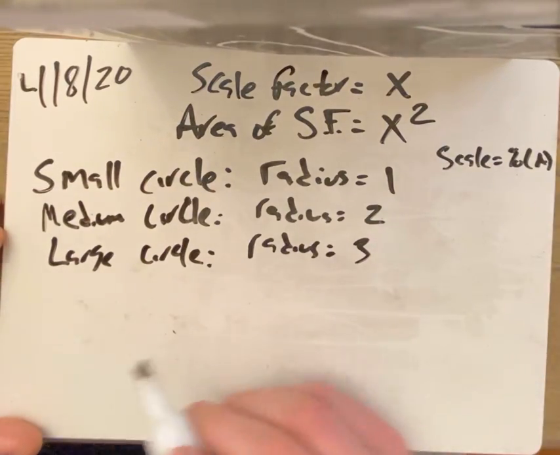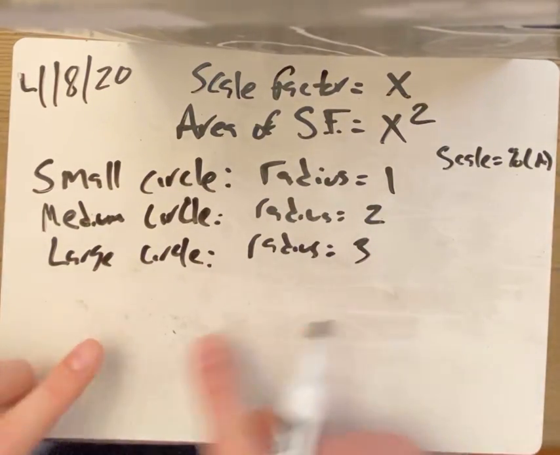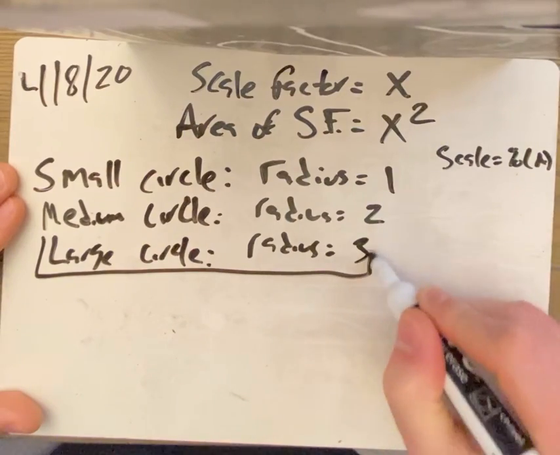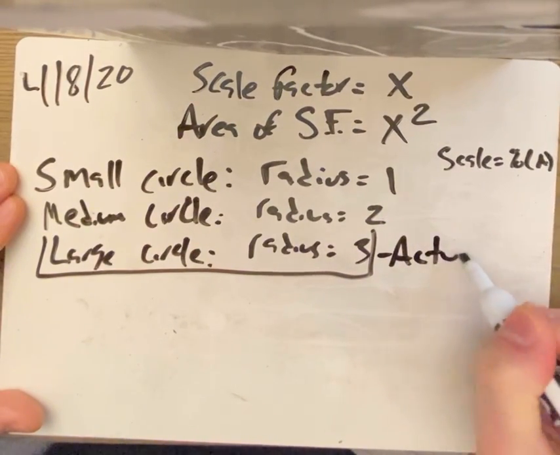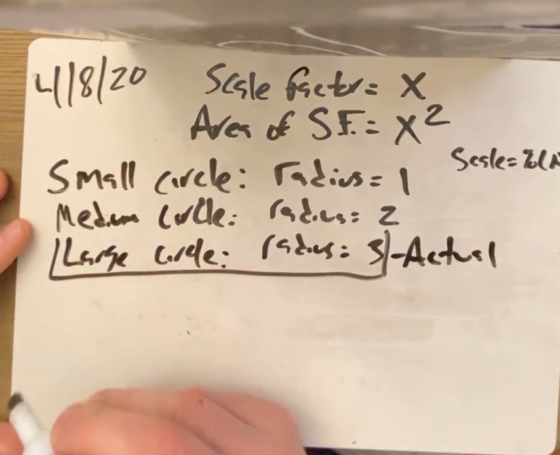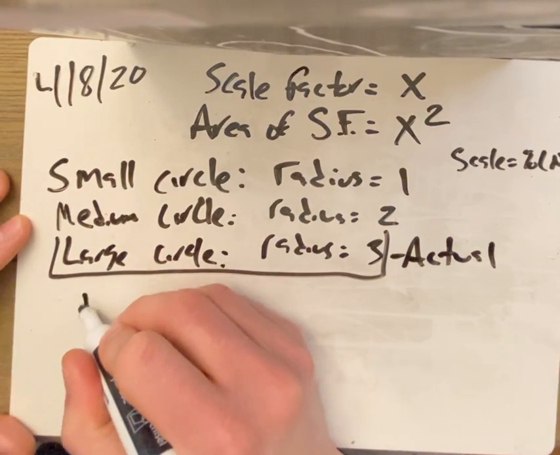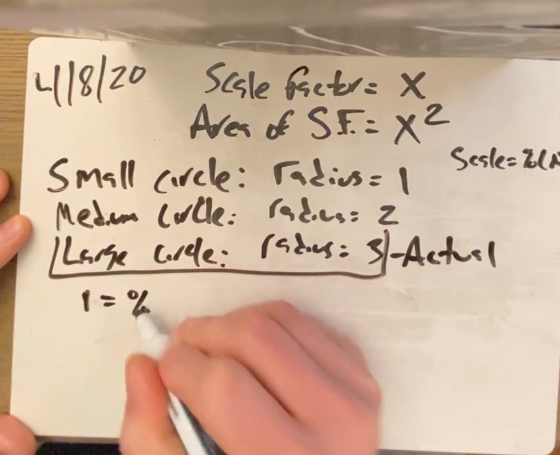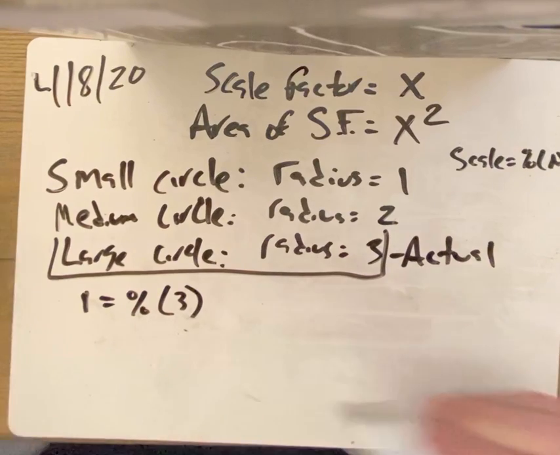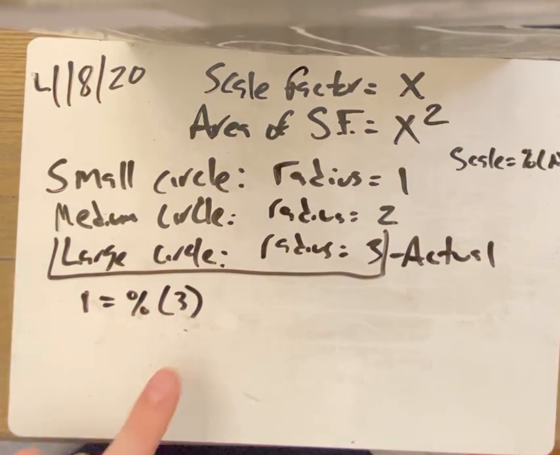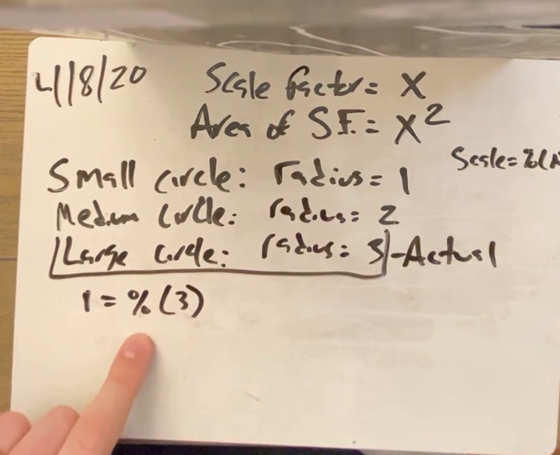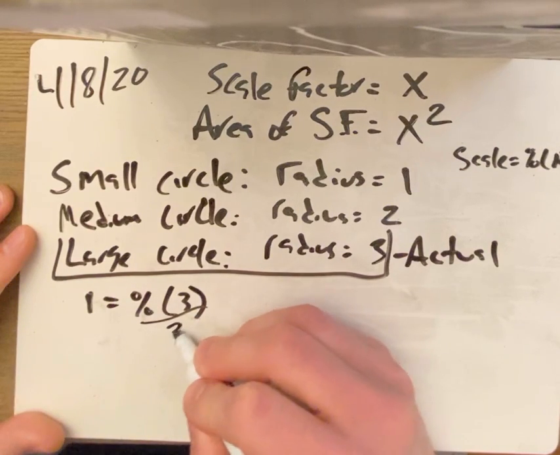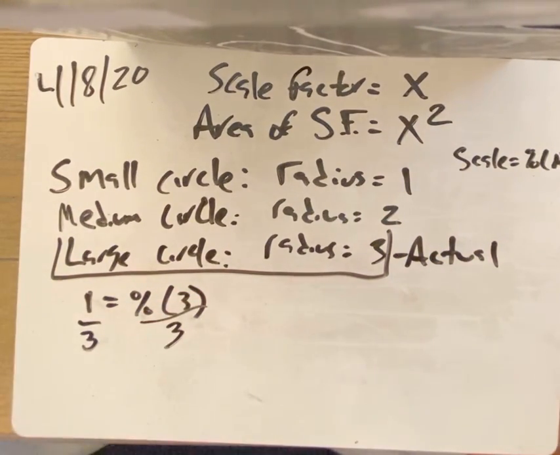We know that the actual is 3. We got scale equals percent times actual. So how do I get the percent alone? I just divide. So the scale for the small is 1/3.